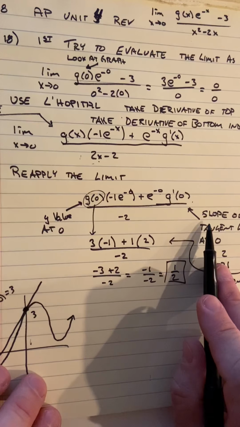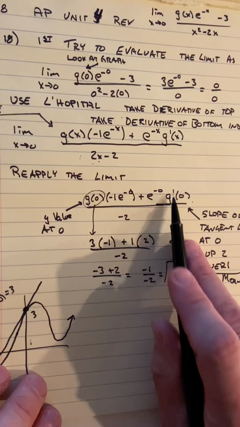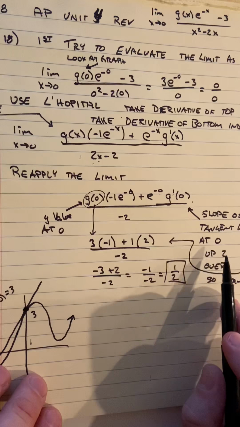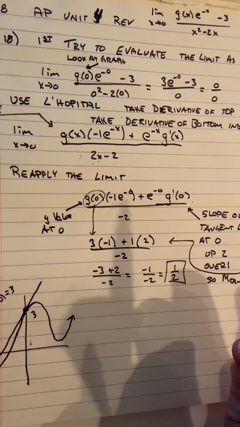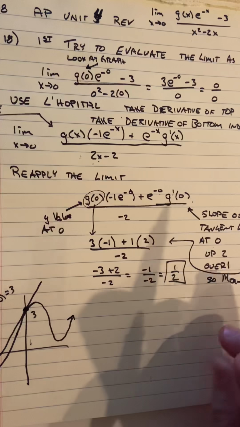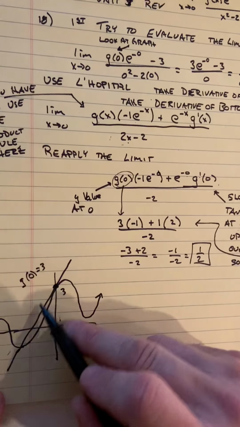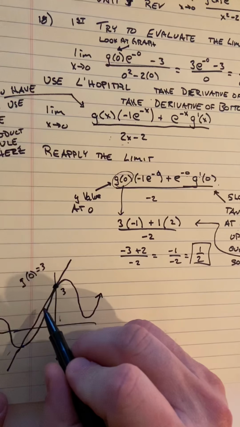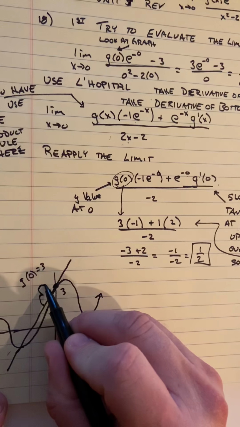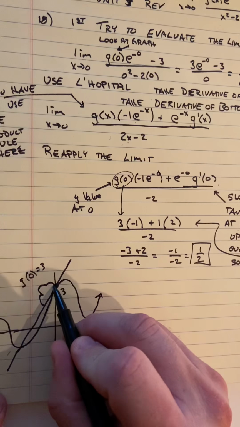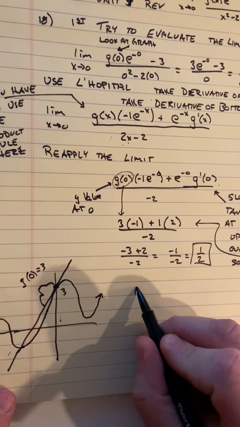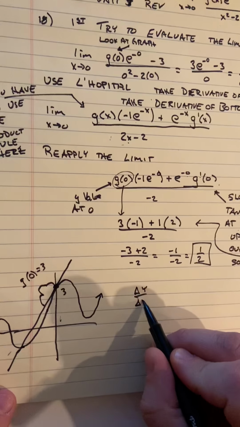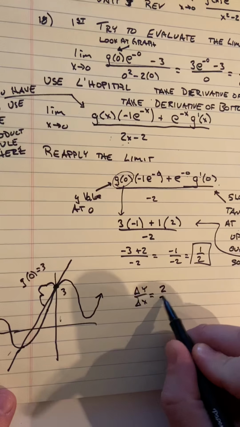Now we have to find the slope of the tangent line at 0. So when you look at it on the website, you can find the slope of this tangent line by going up 1, 2, and over 1. Rise over run, so the change in y divided by the change in x is 2 over 1.